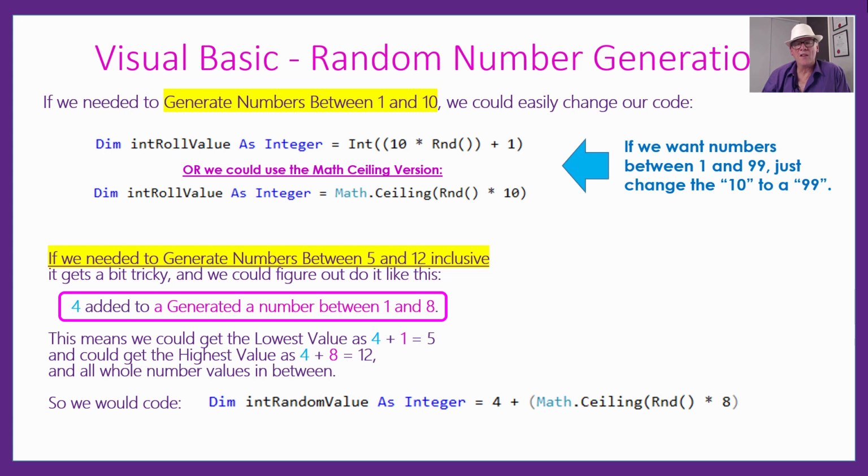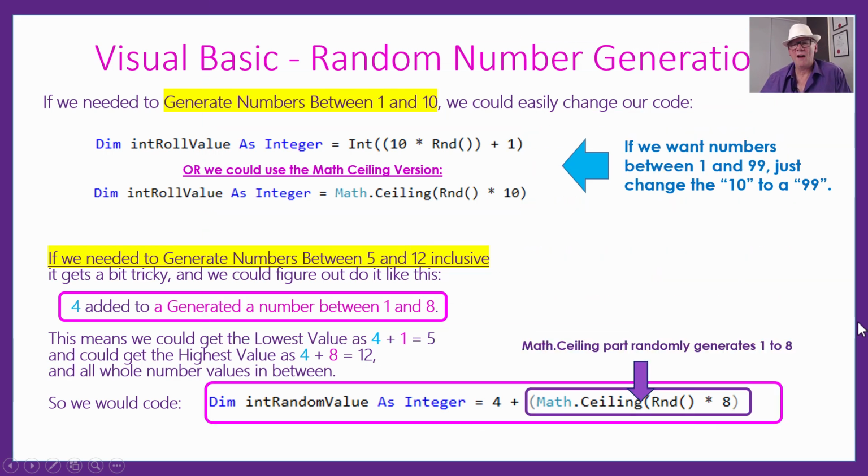So if you had the number 4 plus 1, you'll get the lower value that we want, 5. And if you had the max generated number between 1 and 8, well, 4 plus 8 will give you the top end value of 12, okay? And so we could write code like this, and this would get us numbers between 5 and 12.